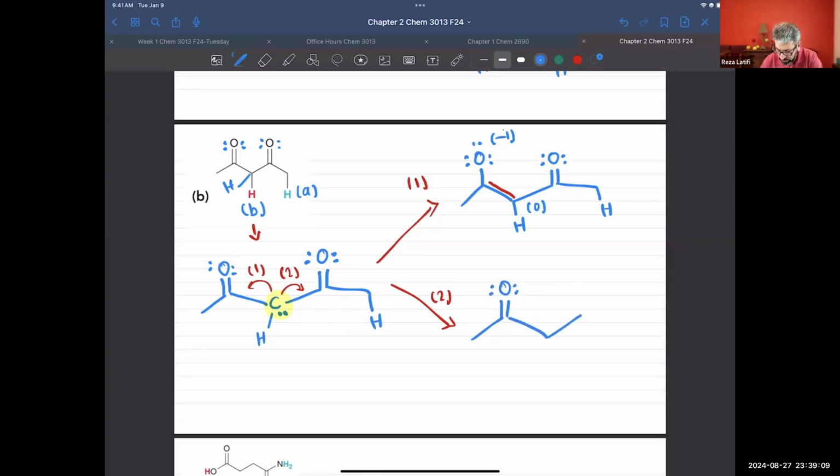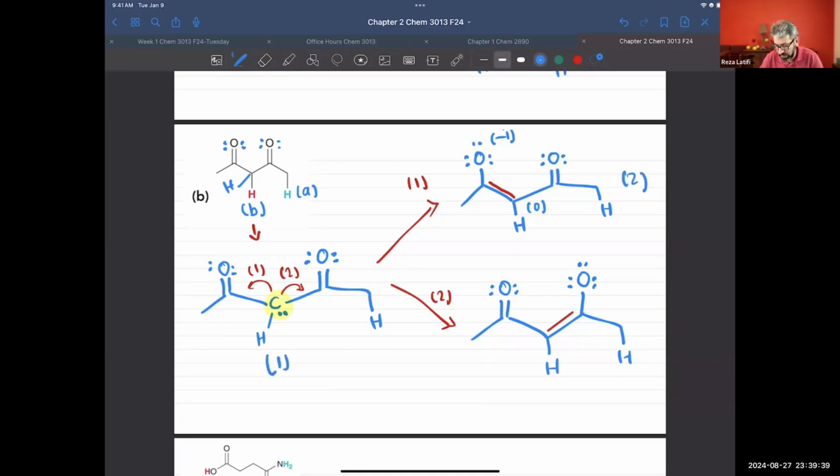So the double bond will be there, and now we have oxygen attached to carbon through a single bond. So oxygen will have 3 lone pairs, and then we have carbon that's attached to hydrogen. Where is the double bond? The double bond is going to be here. Of course, you have hydrogen there. So how many resonance structures did I get? Let's start from here. This is the first resonance structure.